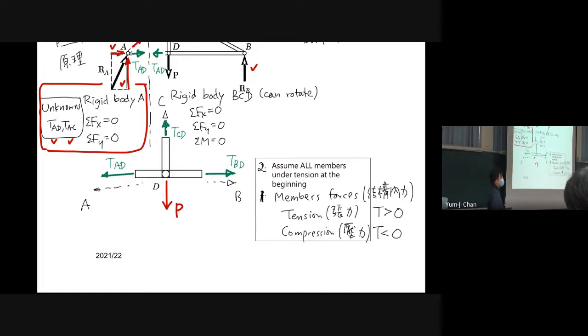And this is the first thing. After our calculation, we will get numbers either larger than 0 or smaller than 0. If it is larger than 0, for example, if we get T8 larger than 0, it means this member is under tension.